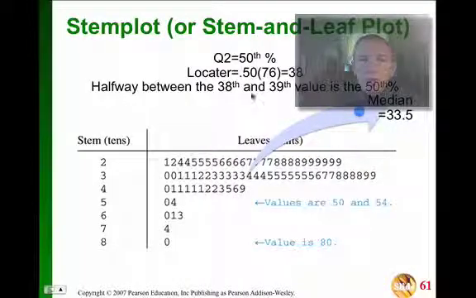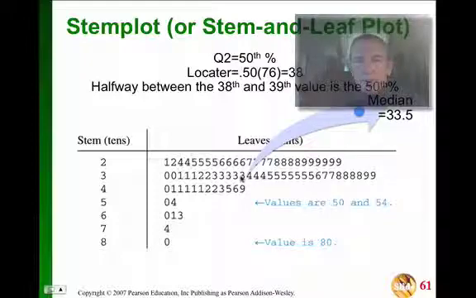If we didn't have StatCrunch handy, we could use our locator calculation: 50 over 100, or 0.5, times the number of samples, 76, gives the 38th location. When we get an even number, we take that location value, 38 and 39.